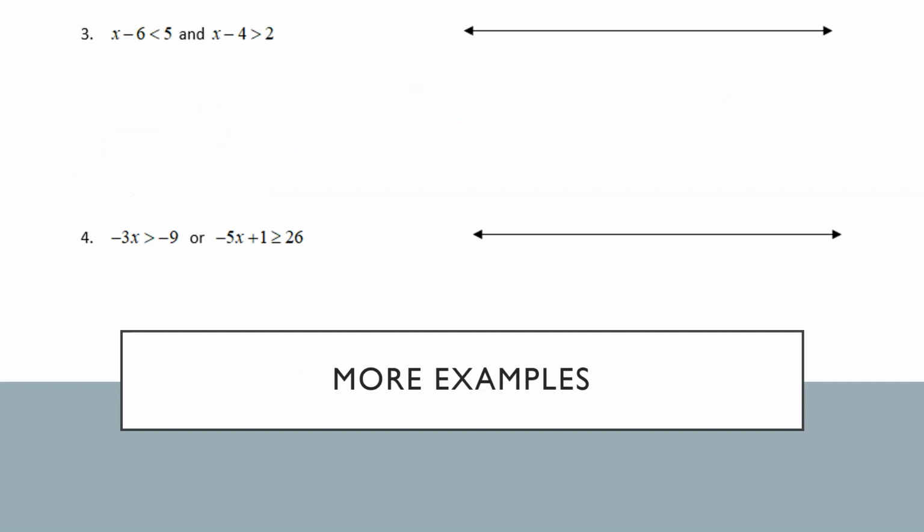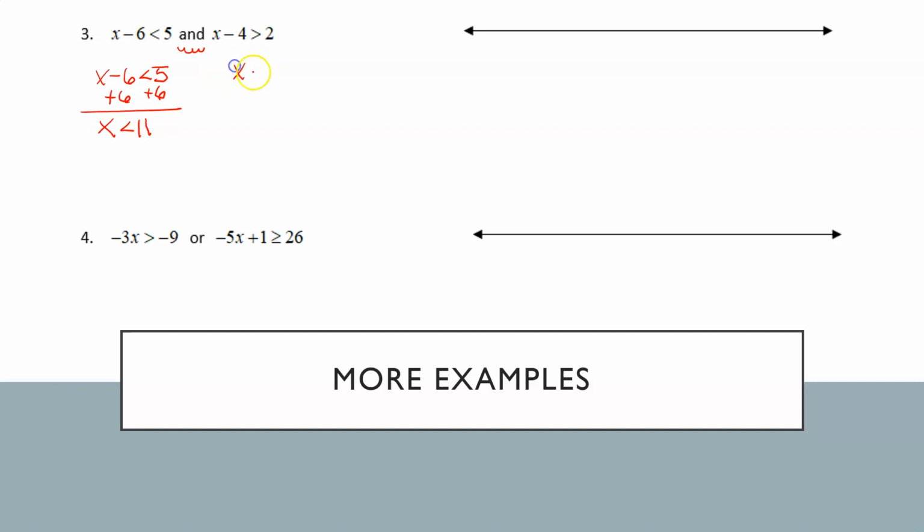Okay, let's look at number 3. They usually don't have the word and, but this one was out of your book and it did. So let's take a peek at this one. So we're going to solve this by adding 6 to each side. So x is less than 11.